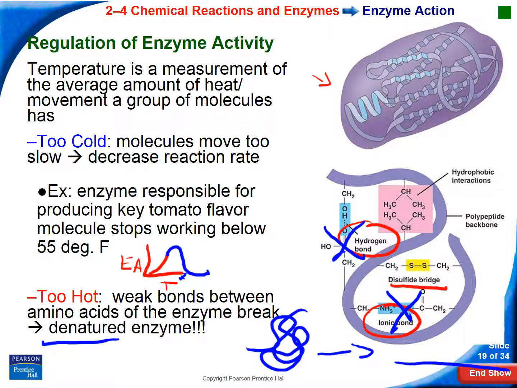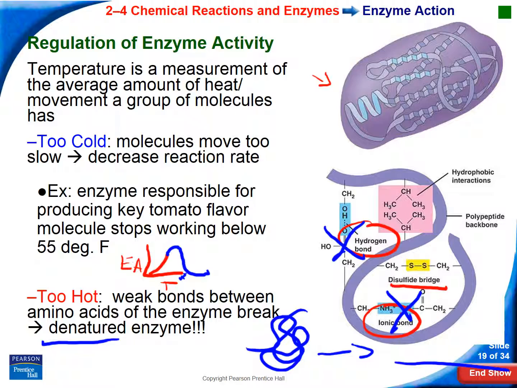moving so quickly that the ones inside of our enzyme start to move a little quickly too. So enzymes, as you can see from this little picture up here, are folded in a really, really specific way. We keep them in that specific shape by using different types of bonds. We got hydrogen, a couple ionic bonds, and it's something called a disulfide bond that we're not going to worry about. Just know it's some other type of bonds.